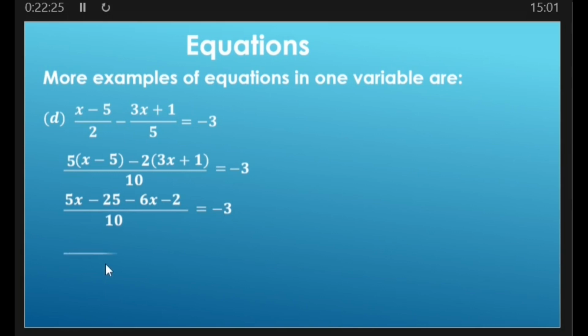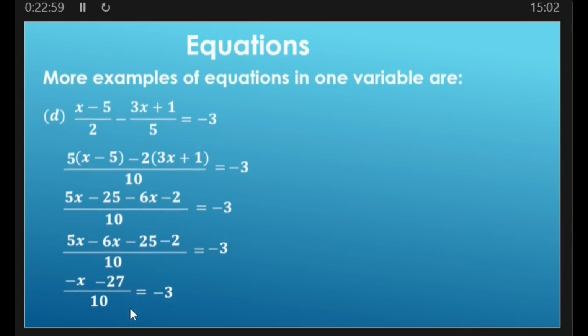So over 10, we have 5x minus 6x, then minus 25, then minus 2, is equal to -3. 5x minus 6x gives us -x. Then -25 minus 2 gives us -27. Then equals -3. Since we have no space, we'll move a bit up.